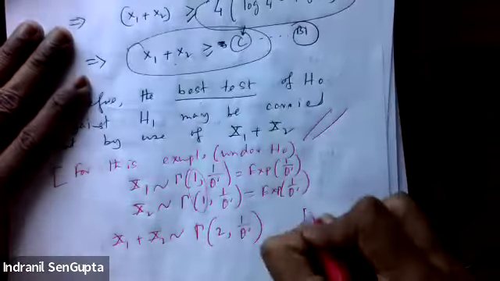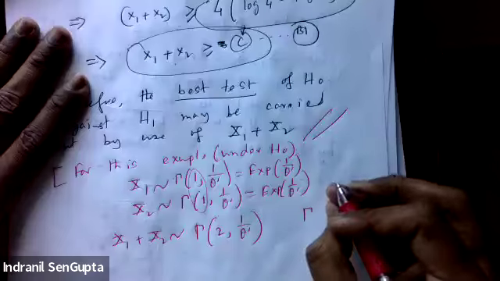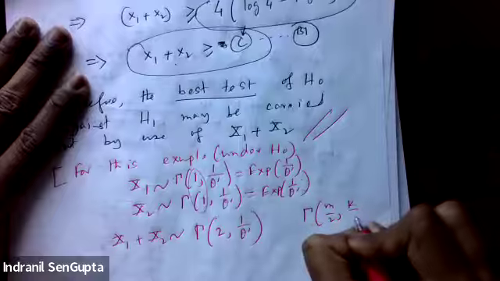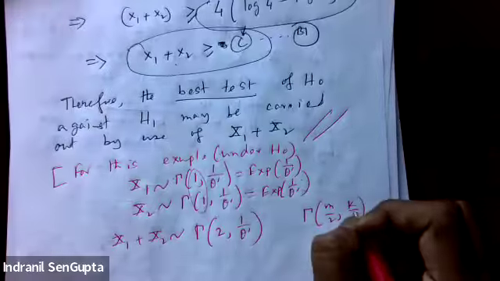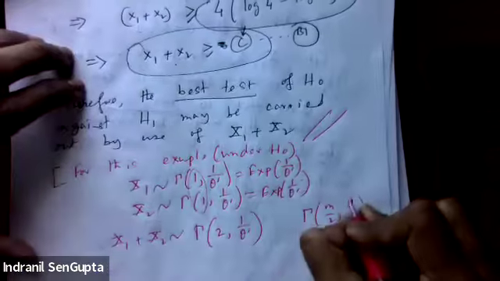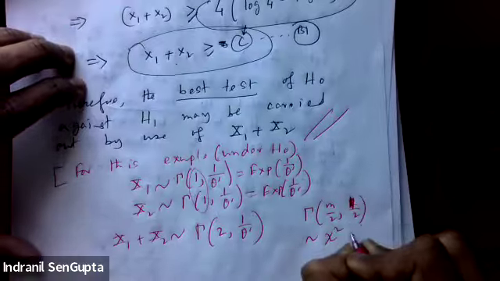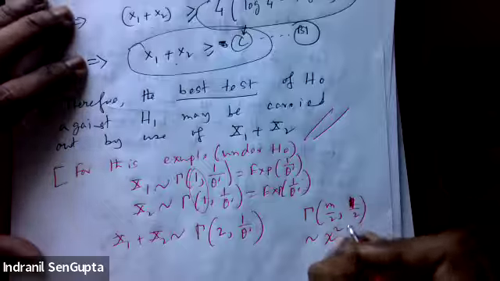Also, we know that gamma of m over 2, 1/2 is the same as chi squared of m.